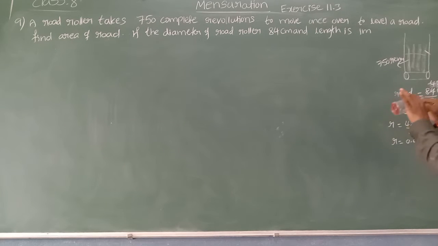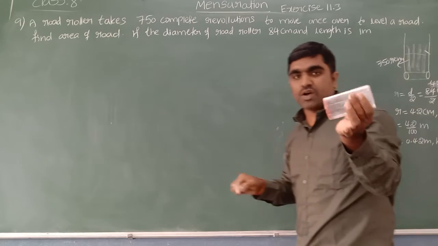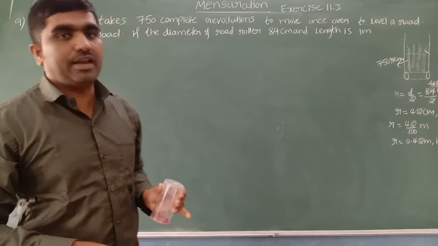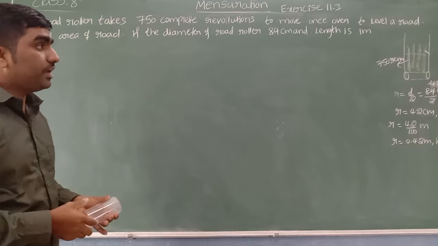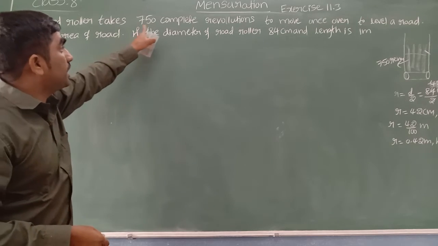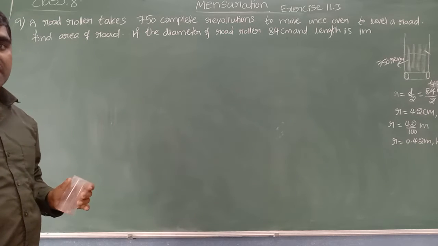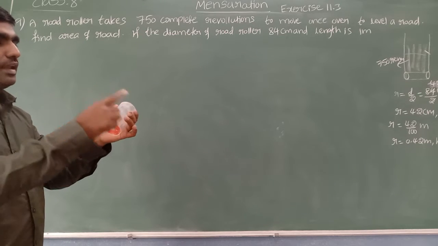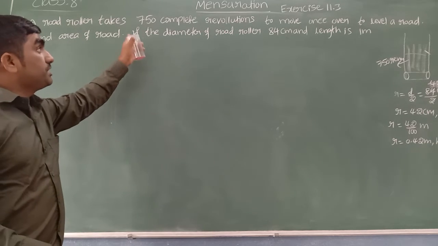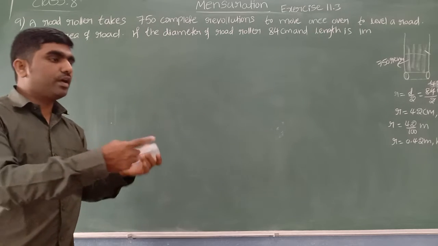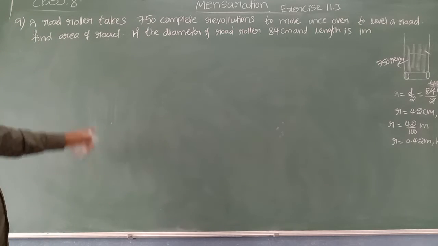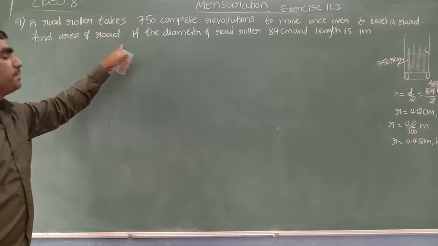So the area it covered in one revolution is equal to what? LSA of the cylinder. Then the area it covered in 750 revolutions is equal to 750 into LSA of the cylinder, which gives the area of the road.